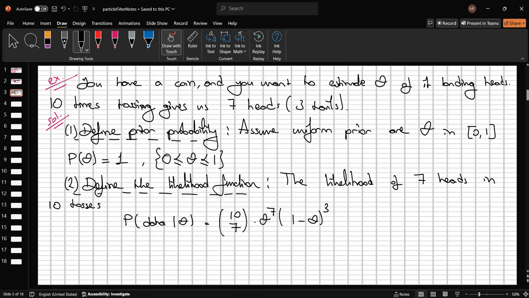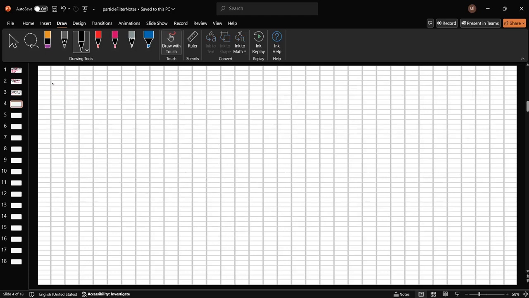Because one of them is 0, one of them is 1, this can be written just like that. And this is called the beta distribution. We know it from the literature.